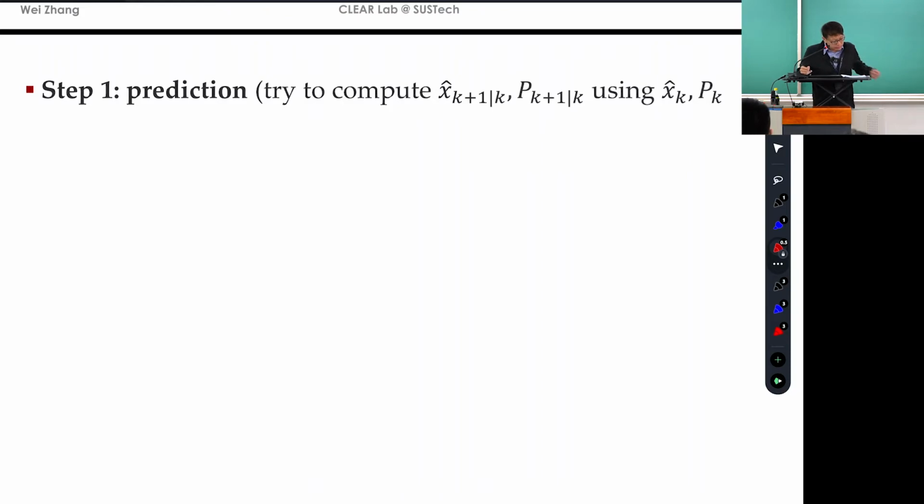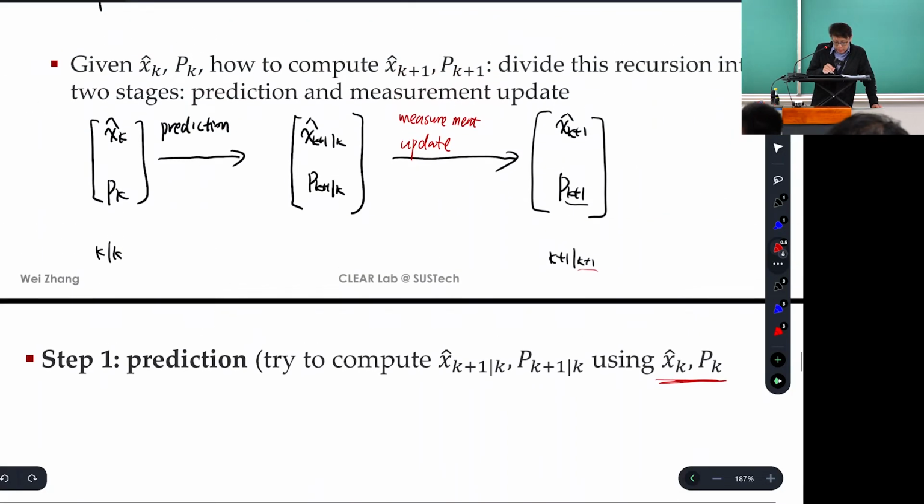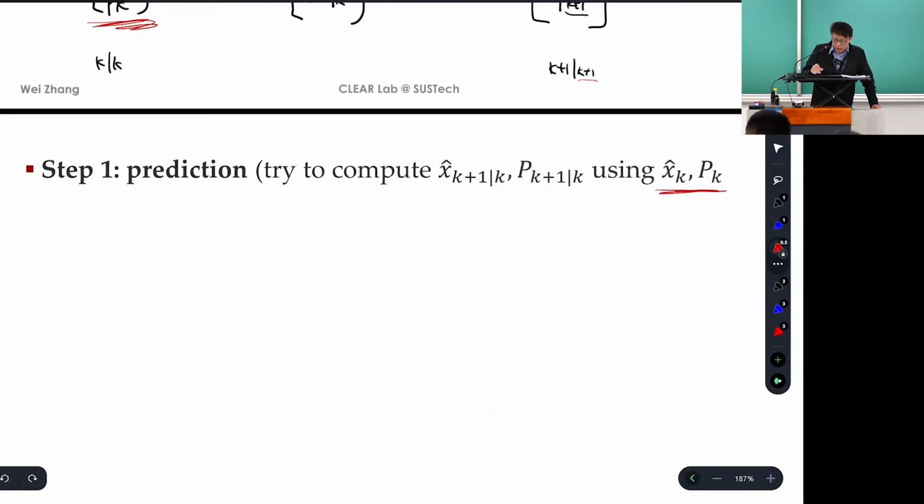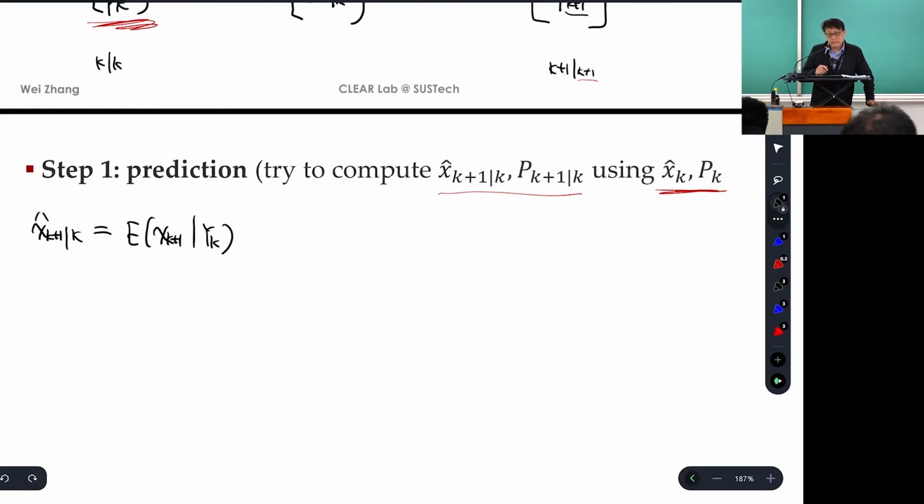We are given this; that's our starting point. Suppose we know this. Now let's see how we can do the prediction. What we want is x_{k+1|k} hat, which is the expectation of x_{k+1} given Y_k.